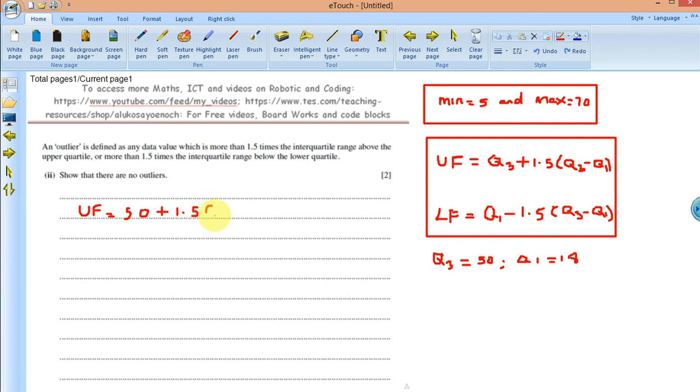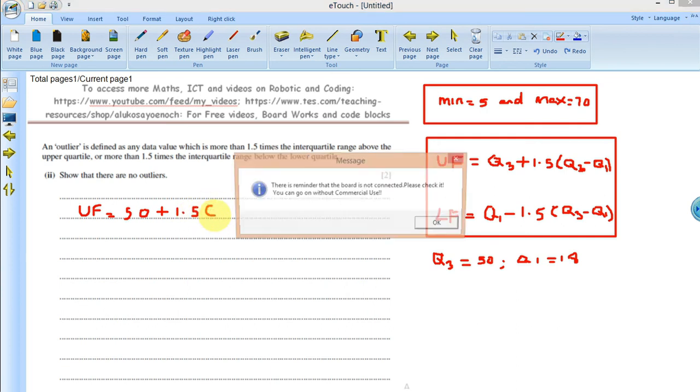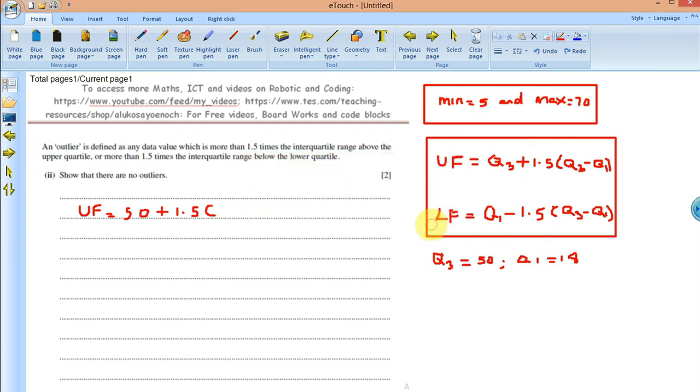In order to manage my time, guys, Q3 is 50 minus 18. 50 minus 18, so that is 32. Then the lower fence too. So that will be what? Q1 is 18. 18 minus 1.5 into 32.